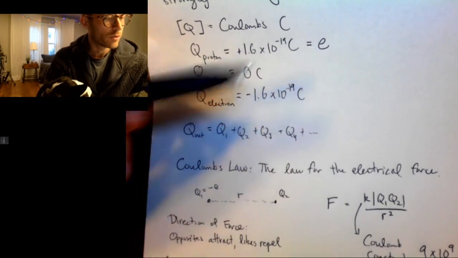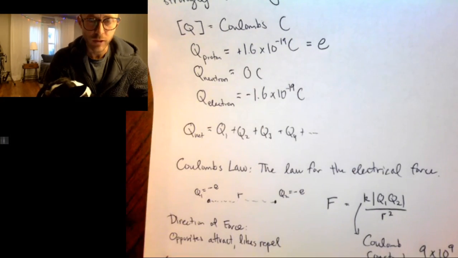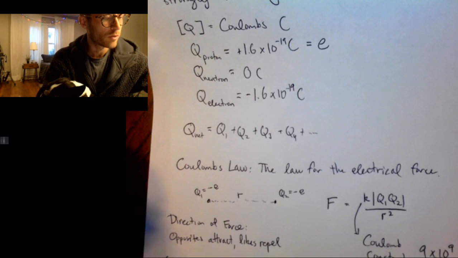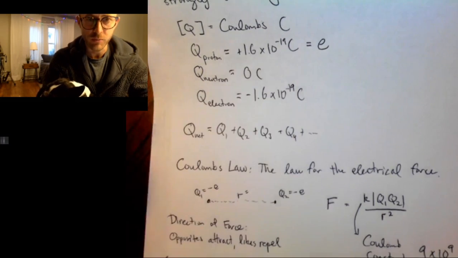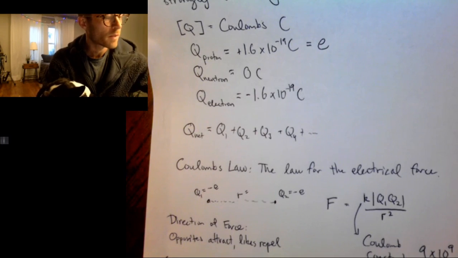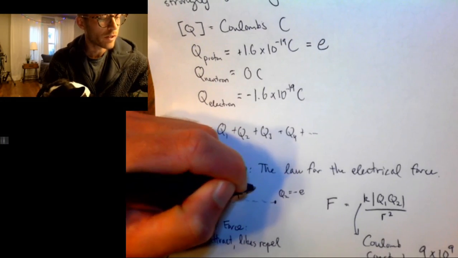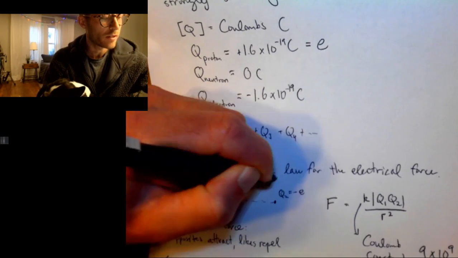And then Q2 is going to be minus E as well. And let's suppose that they're separated by a very small distance, 2.3 times 10 to the minus 9 meters.